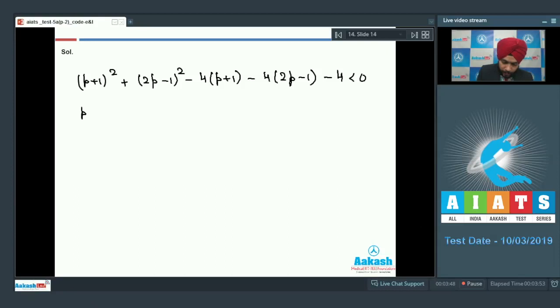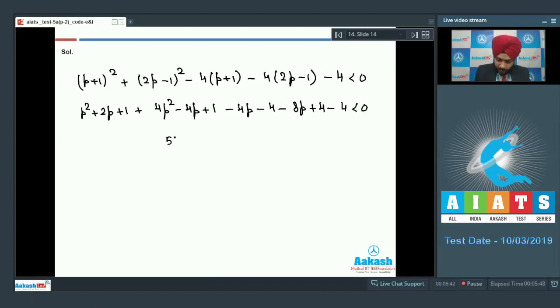So we have p square plus 2p plus 1 plus 4p square minus 4p plus 1 minus 4p minus 4 minus 8p plus 4 minus 4 to be negative. This will give you 5p square minus 14p minus 2 less than 0.